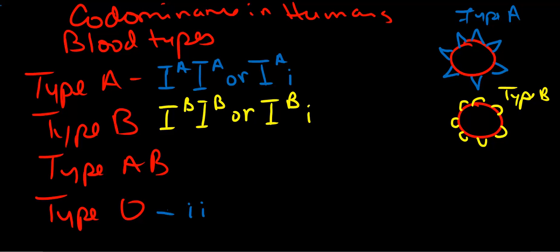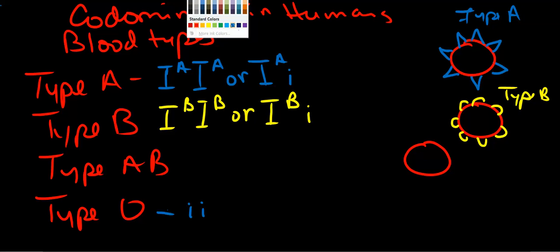Now, type AB would have both of these proteins on there. And the proteins are on the plasma membrane.